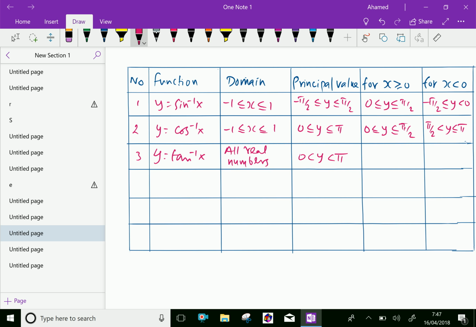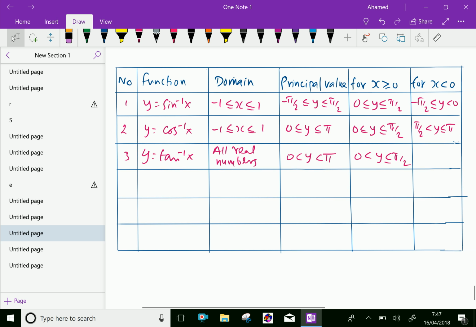Here for x is greater or equal to 0, principal value is 0 lesser than y, lesser than or equal to pi by 2. Then x is lesser than 0 is pi by 2 lesser than y, lesser than pi.